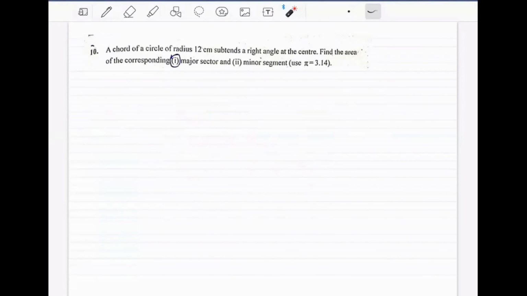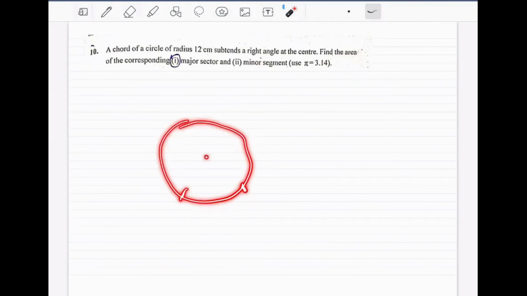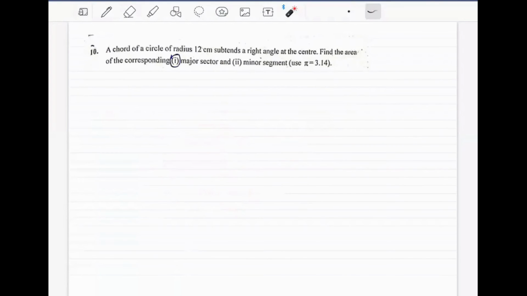If you have an arc, a part of a circle, and you join its ends with the center of the circle, this angle is called the angle subtended by this arc. So a chord of a circle of radius 12 centimeter, the radius is given in the question.